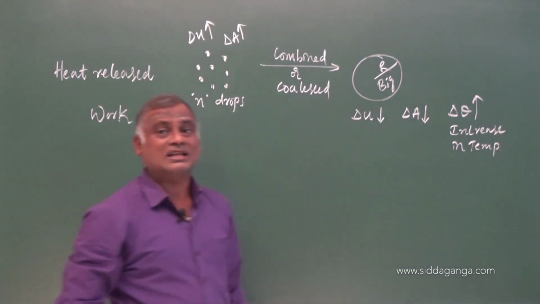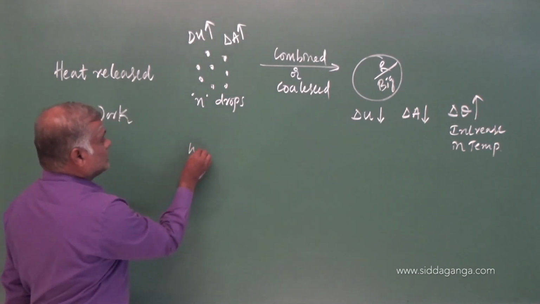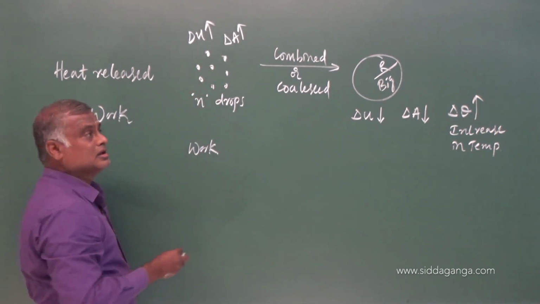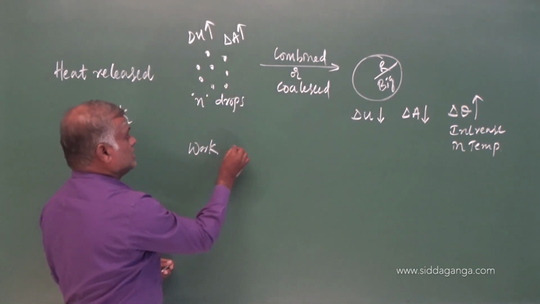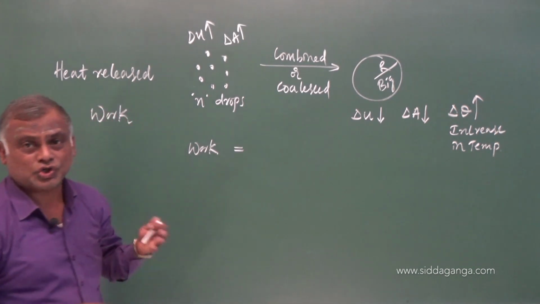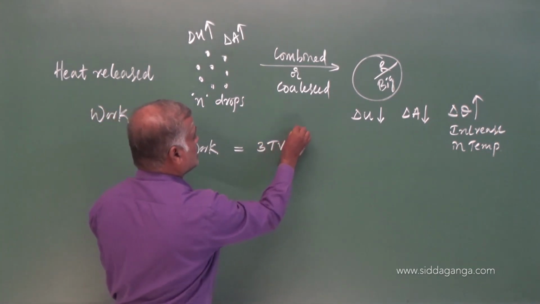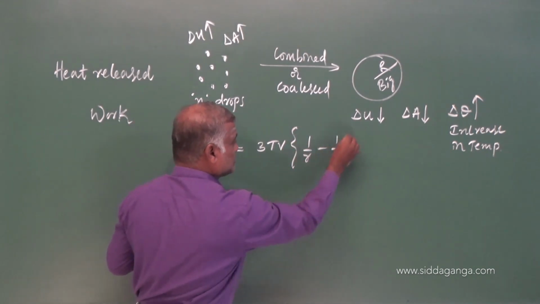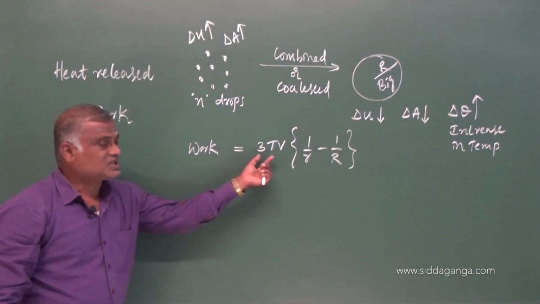They ask what the increase in temperature is, and we proved that the mechanical work done in combining these n drops into a bigger drop is shown as 3T into bracket 1 by r minus 1 by capital R. We have proved this, my dear students.